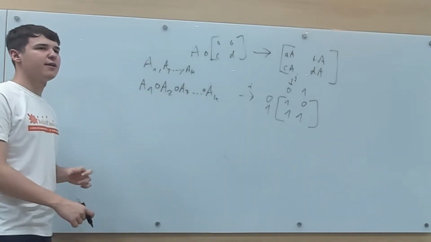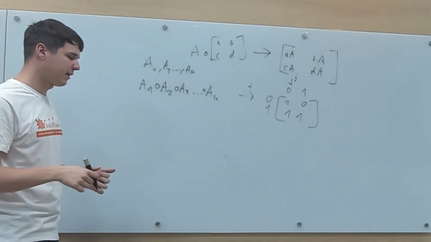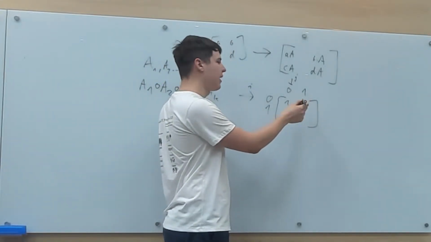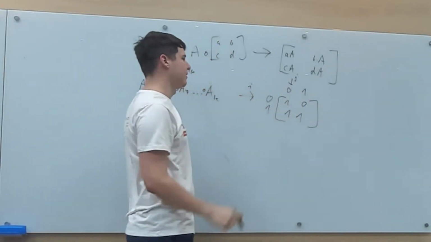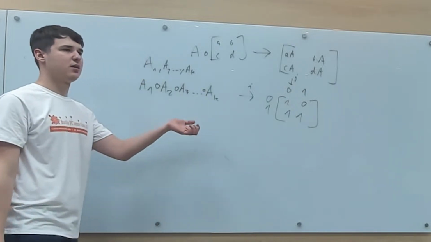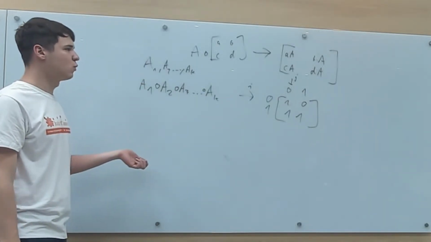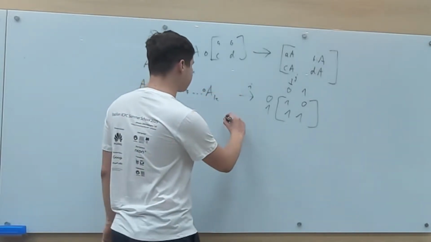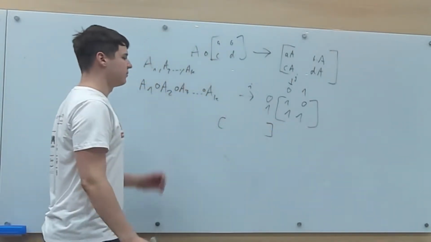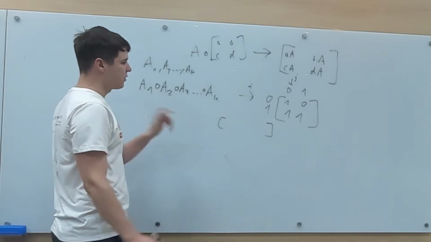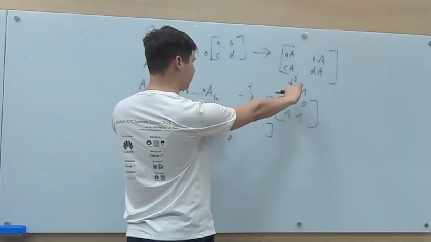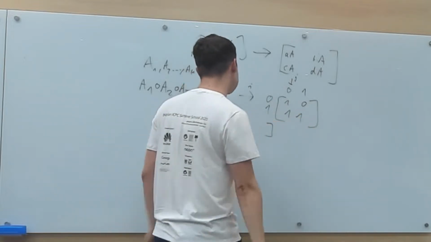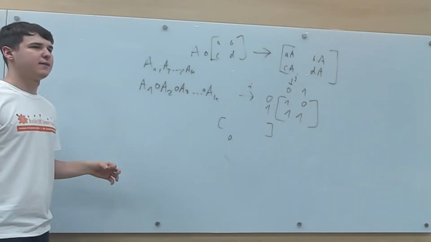Because the only case when it's not the case is when J is equal to 1 and I is equal to 0. Then J is not a subset of I. So how does it transform our vector? For 0 we get from 0 and 1, and for 1 we get only from 1. So it's sum over supersets, right?